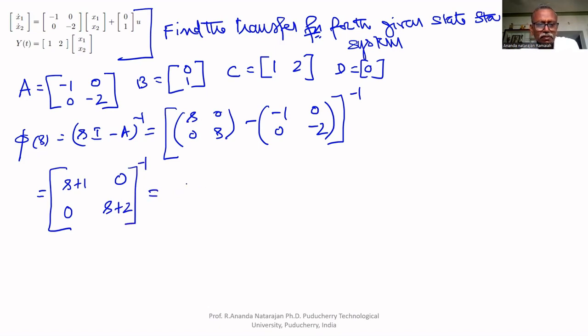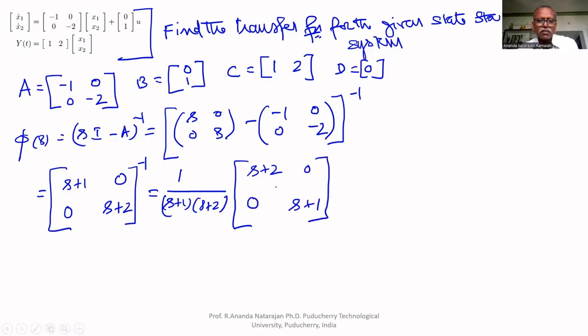The determinant of this matrix is (s plus 1) multiplied by (s plus 2), and the adjoint matrix is obtained by interchanging the diagonal elements and changing the sign of the off diagonal elements. So this is the inverse, and so we got phi of s.